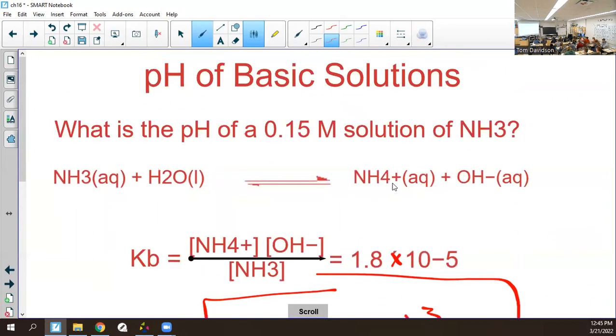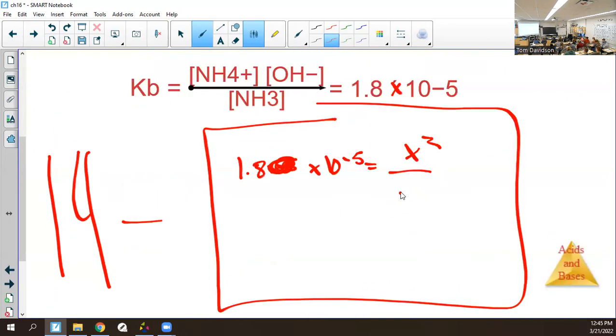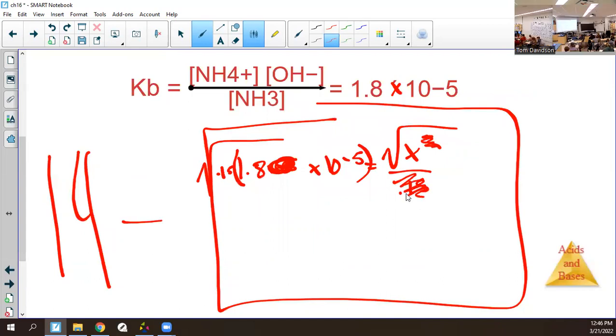I multiply both sides by 0.15, and then square root it. That will give me my x value.